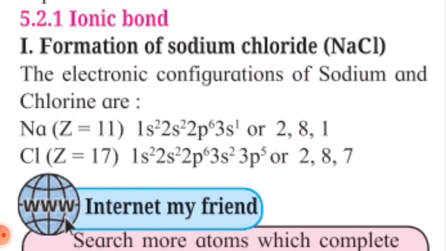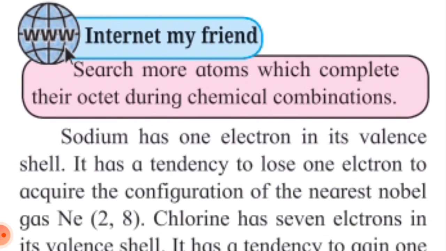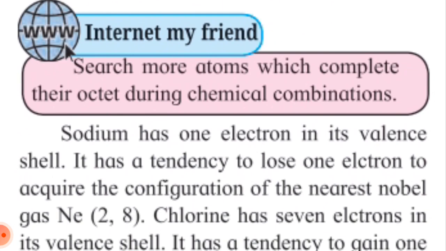5.2.1 Ionic bond. Formation of sodium chloride. The electronic configurations of sodium and chlorine are: sodium, Z equal to 11, 1s2, 2s2, 2p6, 3s1, or 2,8,1. Chlorine, Z equal to 17, 1s2, 2s2, 2p6, 3s2, 3p5, or 2,8,7. These atoms complete their octet during chemical combination.